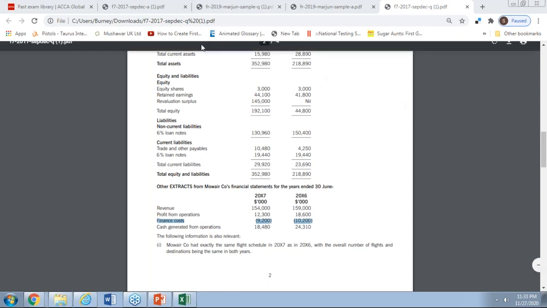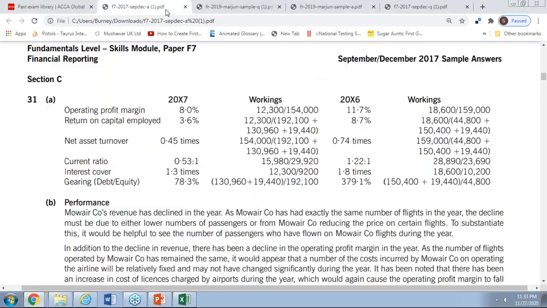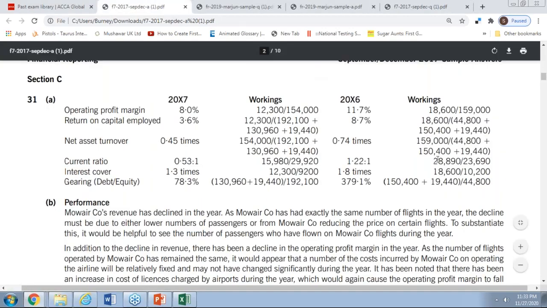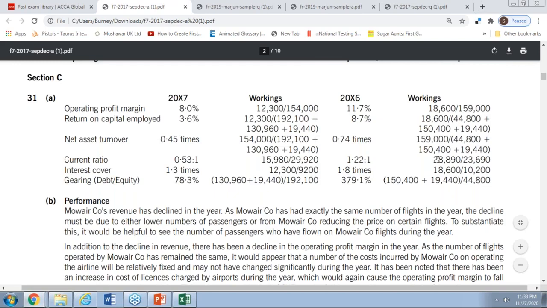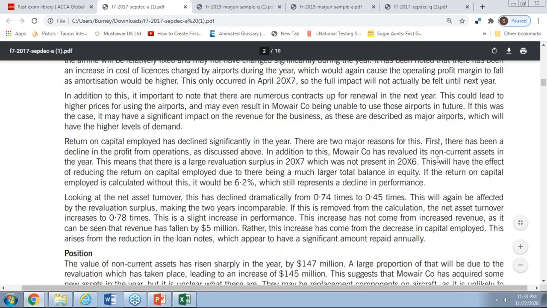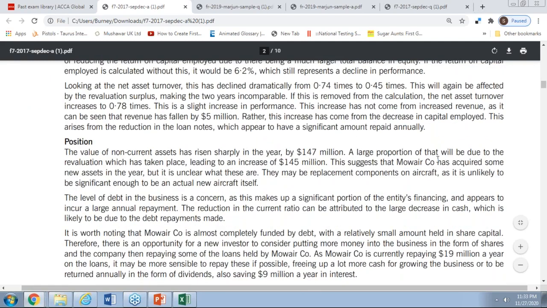So I want all of you to just read this one, then we will move on towards the next scenario. This is the position analysis of the company.